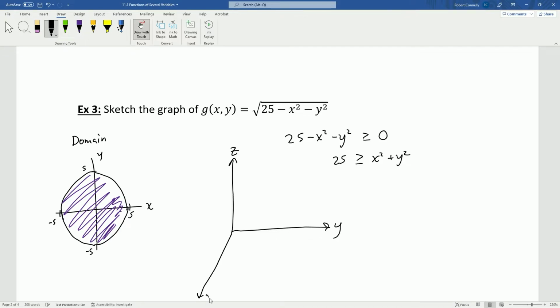So on our xy plane here, we see that we have a circle with radius 5.